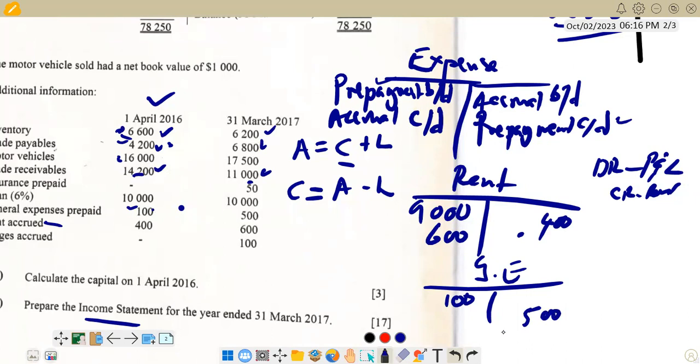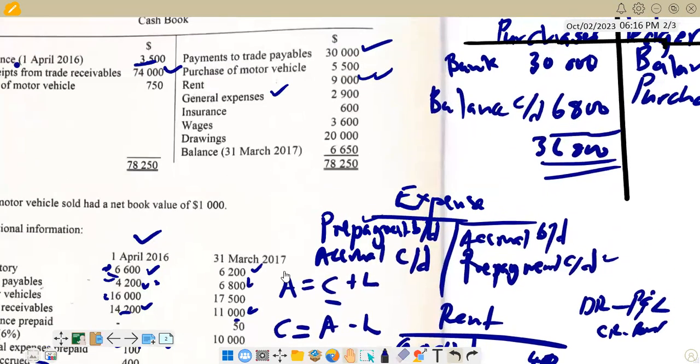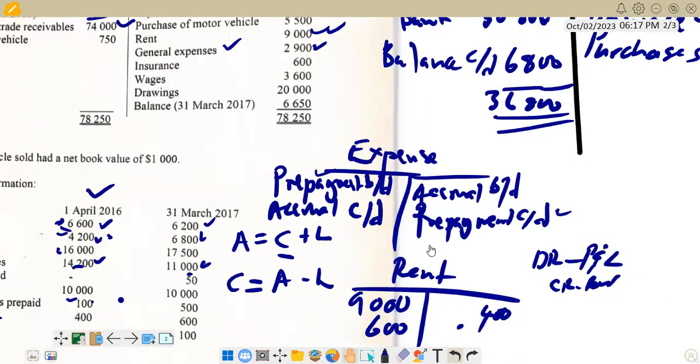Then we look for the amount that was paid for general expenses for that year. If you come here, the amount that was paid for general expenses is 2,900. So we are going to put 2,900 on the debit side.